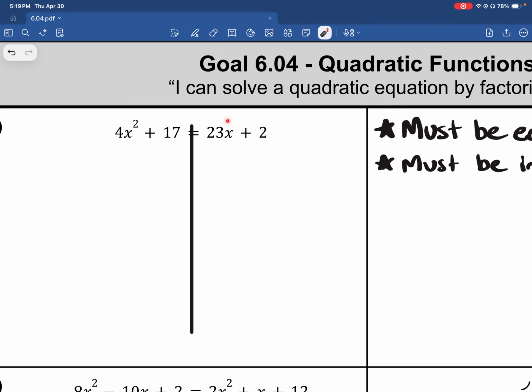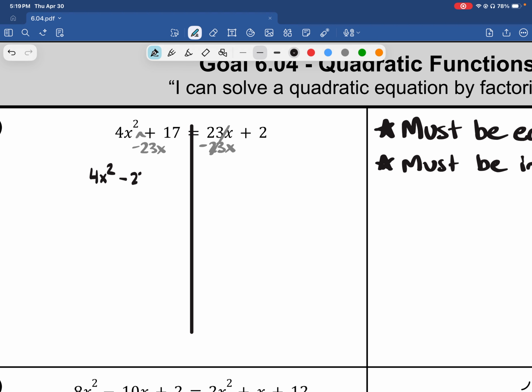I want to cancel out the 23x and the 2. So I'm going to subtract 23x. And because I can't take 23x away from 4x squared or from 17, I'm just going to squeeze it in the middle. That gives me 4x squared minus 23x plus 17 equals 2.